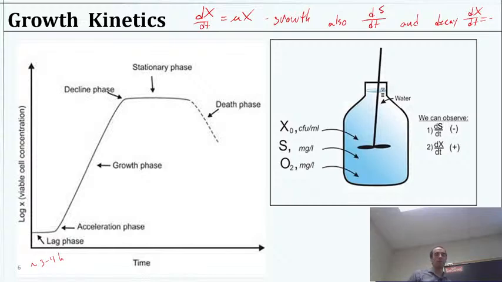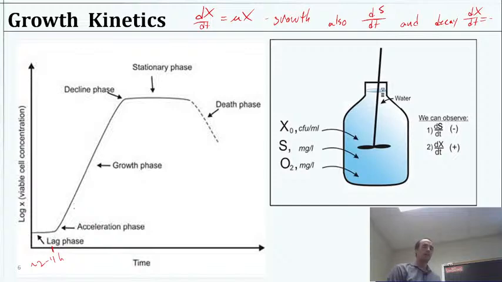Because this is what we're dealing with. As soon as they kind of wake up and recognize they have a good environment, they're going to start doubling, and this will happen pretty quick. So if this is kind of that 3 to 4 hour mark, somewhere around here, I'm going to say 2 to 4, it might not take that long, then they'll start doubling.